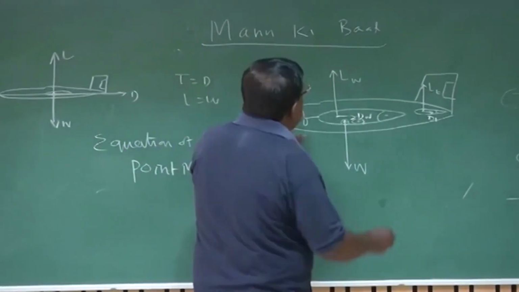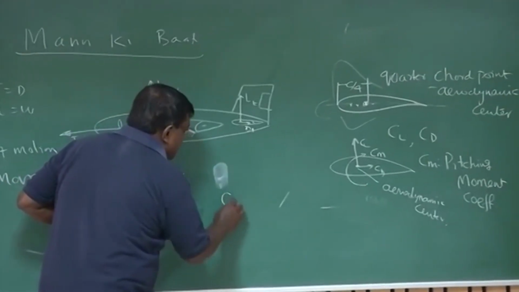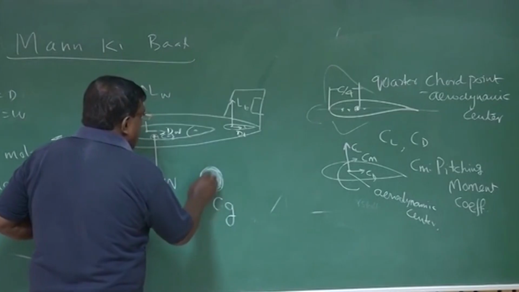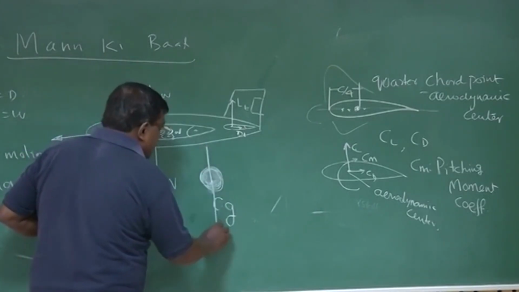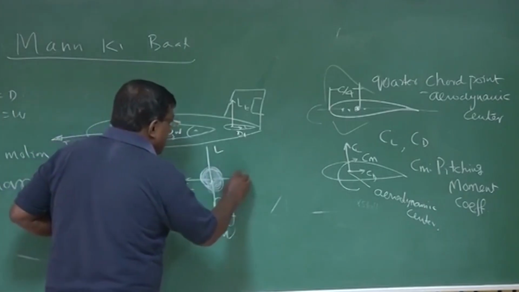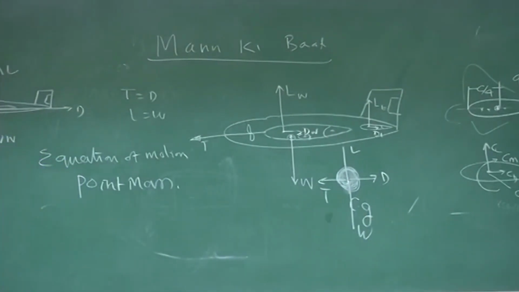So I am assuming the whole mass is concentrated at the CG. Okay? And whatever we are writing, lift, weight, thrust, drag, all are assuming that these forces are being applied on that point mass. Okay?